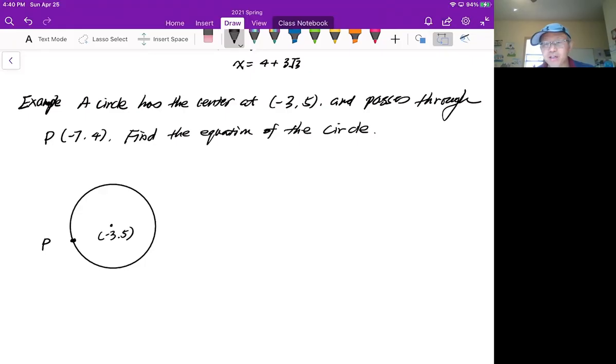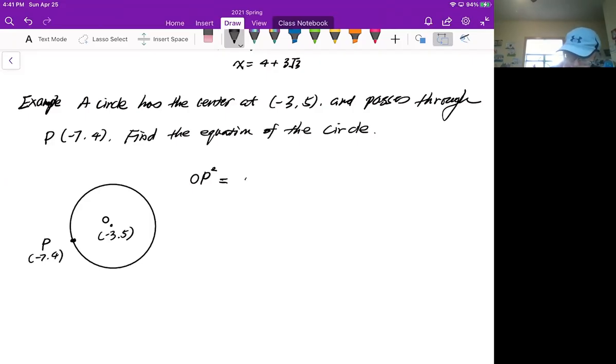Okay, give everyone 20 seconds. I know the center, and I just need to know the radius. Suppose the center is O. I just need to figure out OP. What's the square of OP, where P is -7, 4?